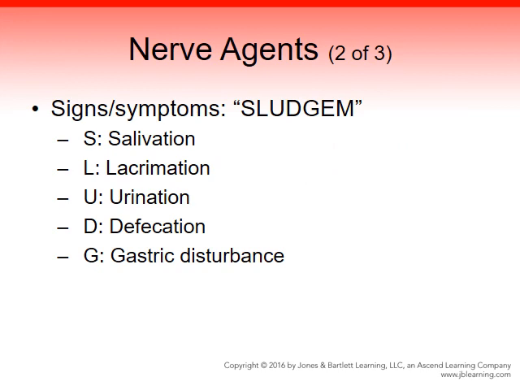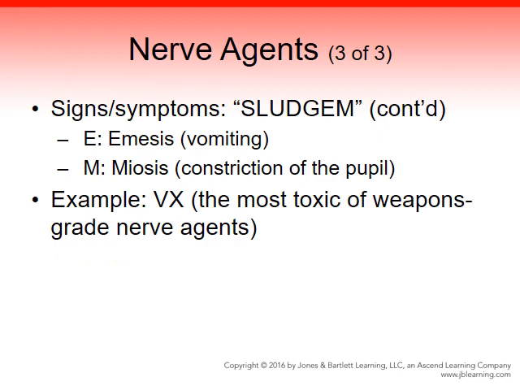Now, when you're exposed to nerve agents, here's another acronym to remember: SLUDGEM. If you see somebody that is salivating, meaning they're drooling at the mouth like they have rabies, lacrimation, urination, defecation, or gastric disturbance, such as diarrhea, nausea, vomiting, then the odds are they have definitely come in contact with some sort of nerve agent and need to be treated effectively, as well as you need to be protected.